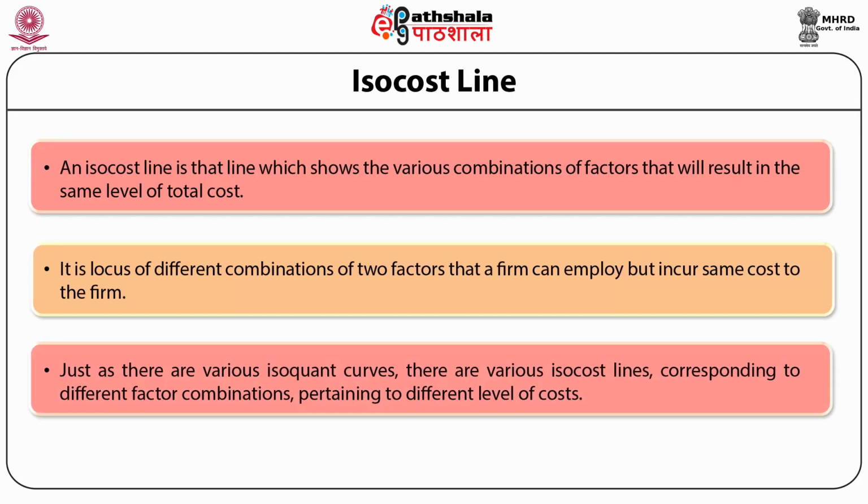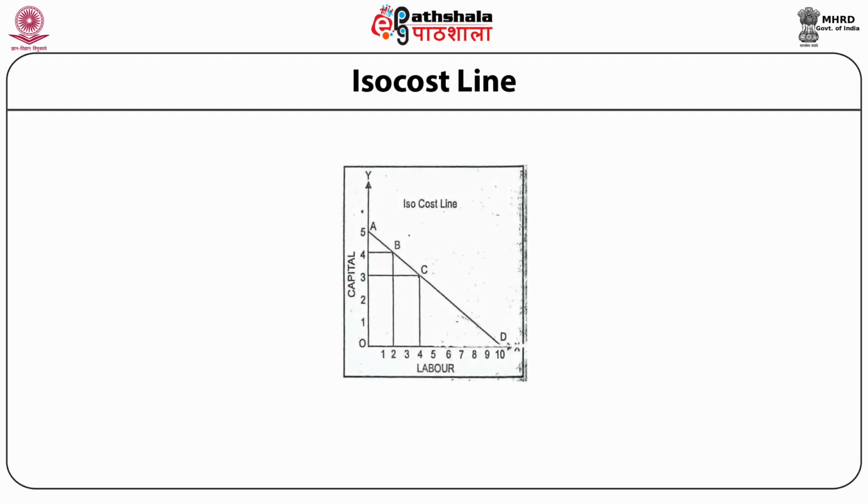Just as there are various isoquant curves, there are various isocost lines corresponding to different factor combinations pertaining to different levels of cost.